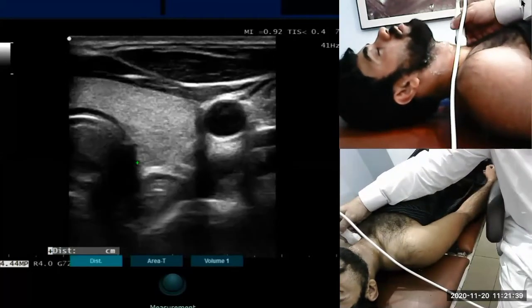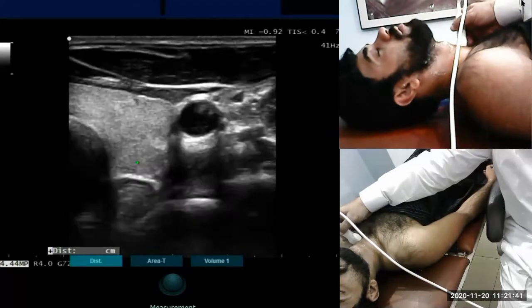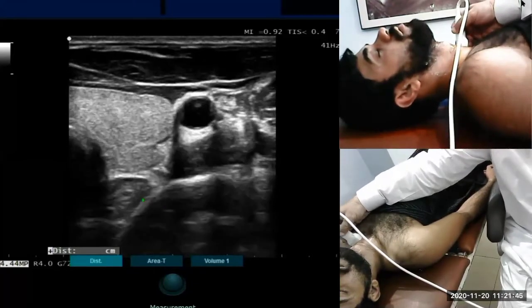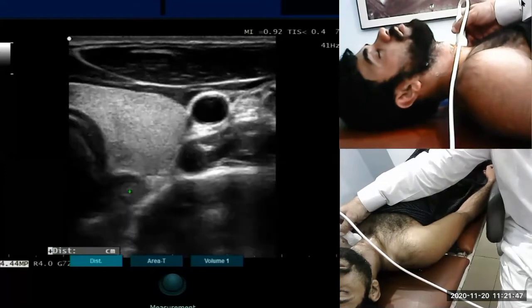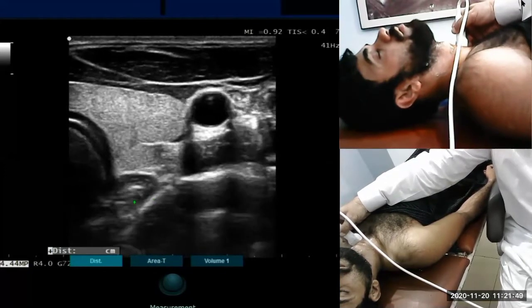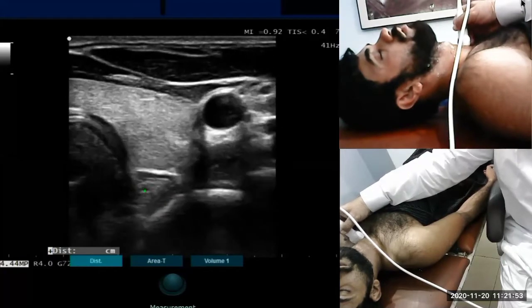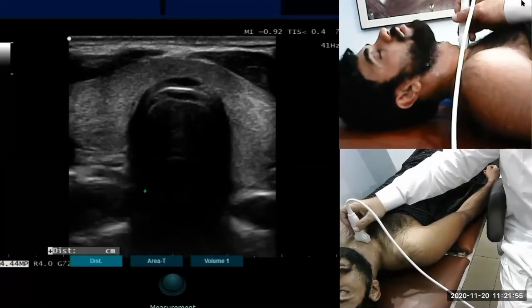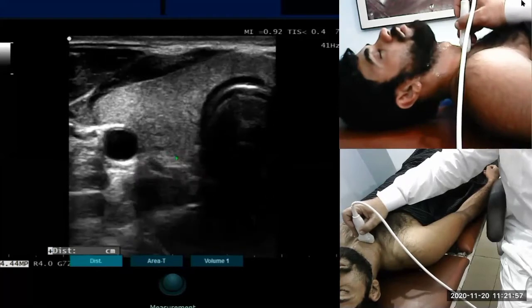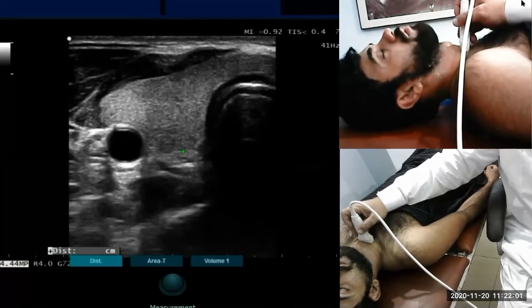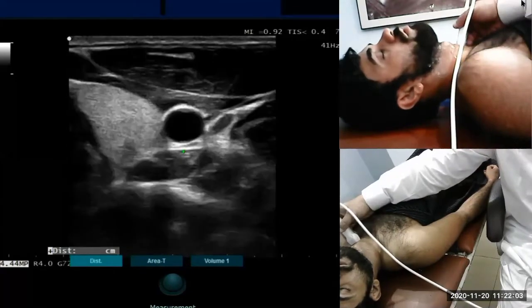Now here on the left side, there is a difference which I would like to show. This is the cervical esophagus, this one. If we go here on the right side, we don't see any cervical esophagus here. It is on the left side.